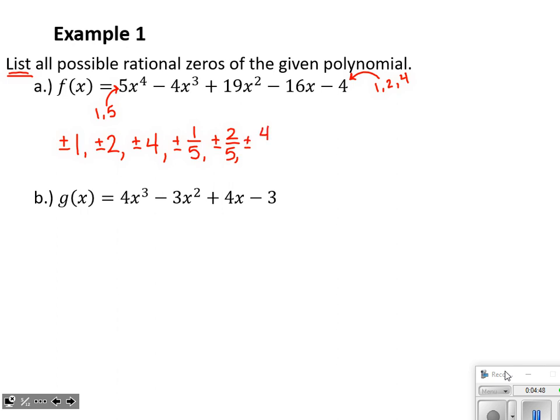You can see all of those fractions were found by taking a factor of the constant over a factor of the leading coefficient, either something 1, 2, or 4 over 1, something 1, 2, or 4 over 5. So those are all the possible rational zeros, all 12 of those that could show up.